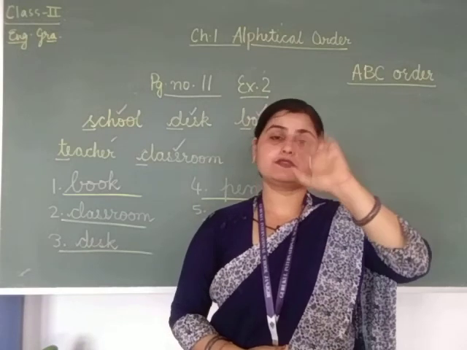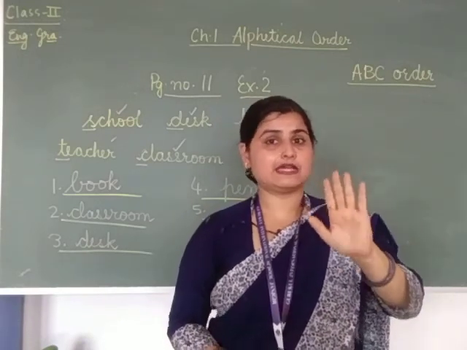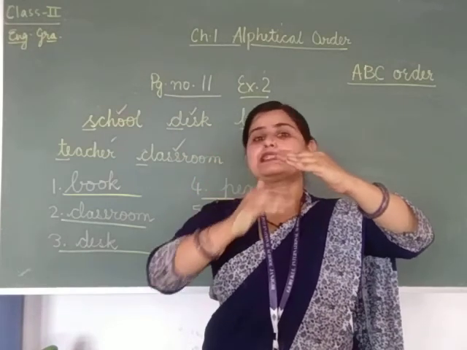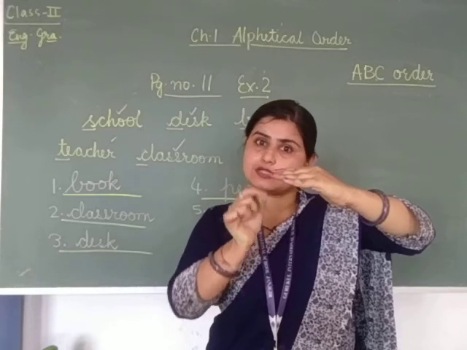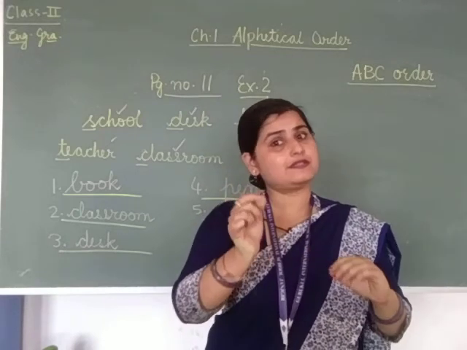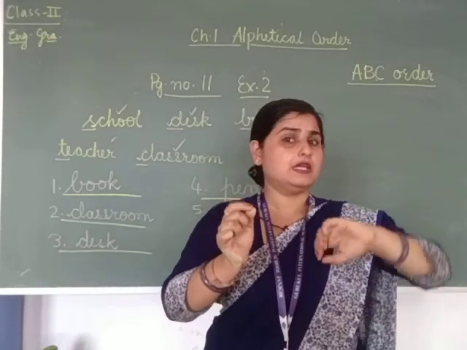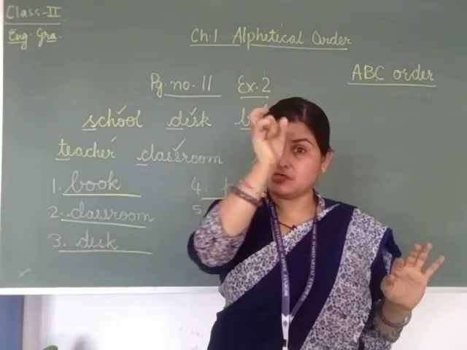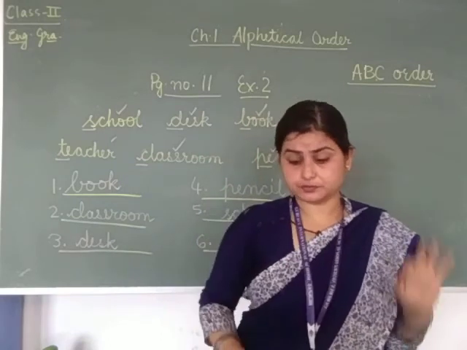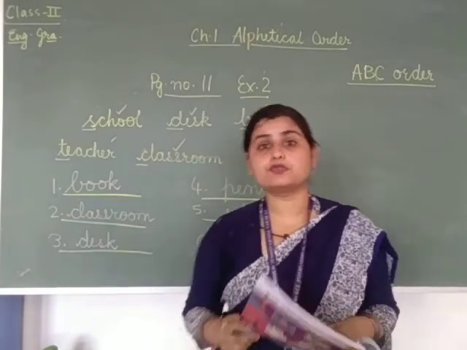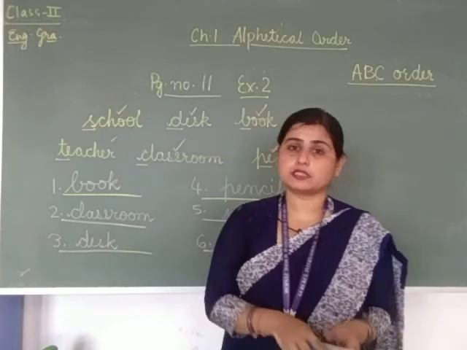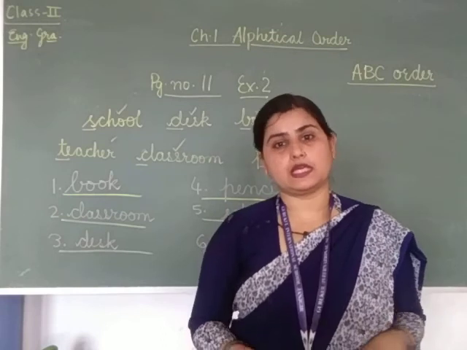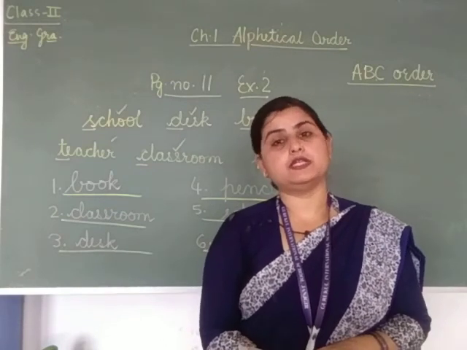If there are 5 students in the class जिसका नाम A से आता है, that means those 5 students' names will be written first. उसके बाद next letter के लिए देखेंगे कि A के बाद कौन से लेटर वाले बच्चे हैं. सपोज B से किसी का नाम नहीं है, C से किसी का नाम नहीं है, D से किसी का नहीं है, डायरेक्ट G से नाम है, तो A के बाद G वाले बच्चे का नाम लिखा जाएगा. So this is a use of alphabetical order, that our names in the attendance register are written in alphabetical order.